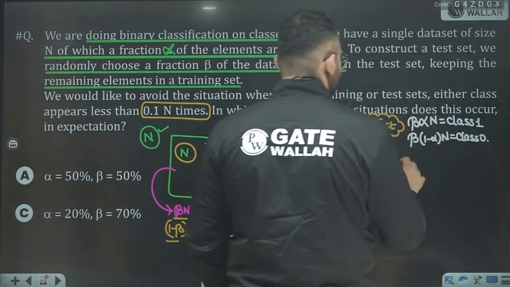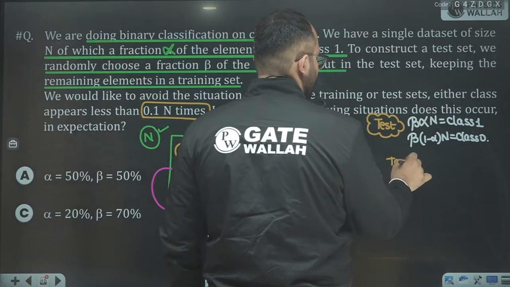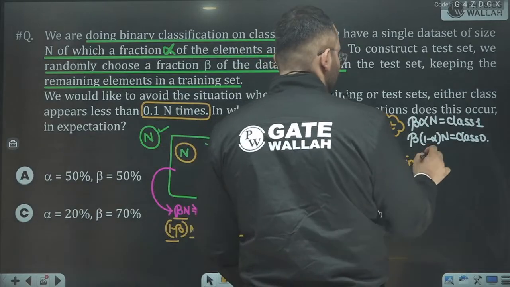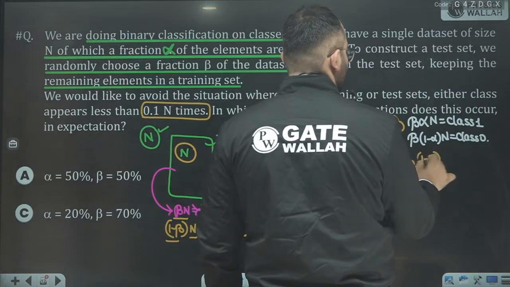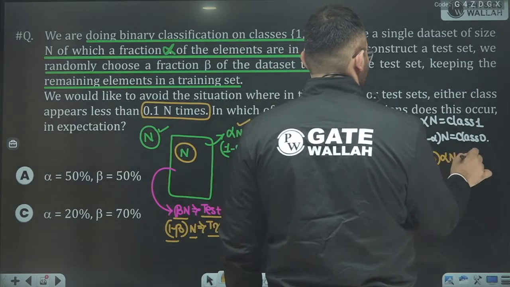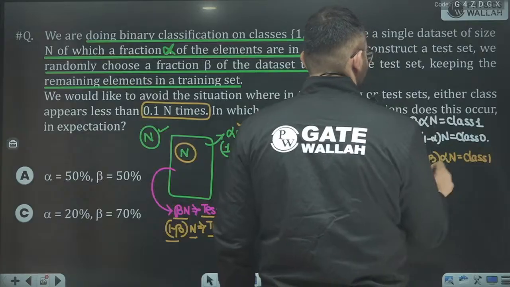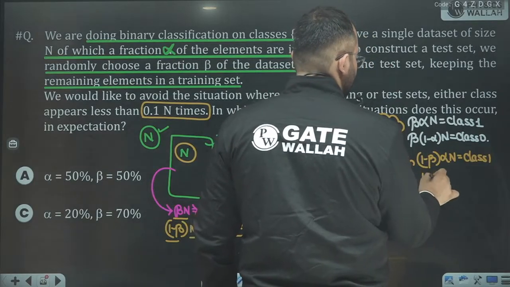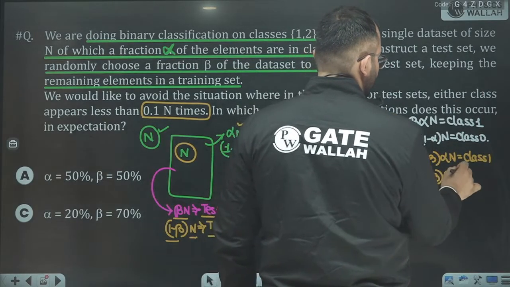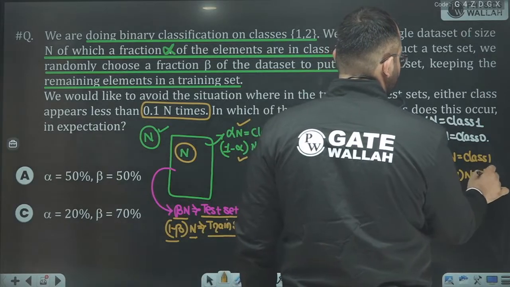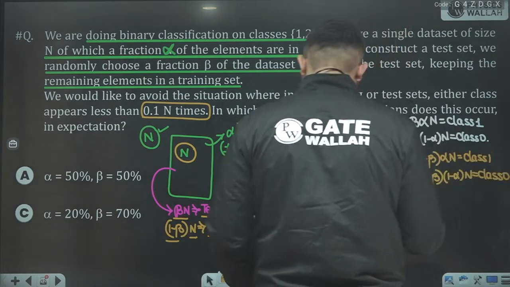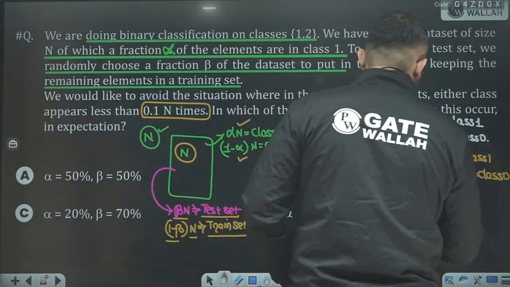Similarly, we go in the training set. So, in the training set, 1 minus beta into alpha n is class 1. And 1 minus beta into 1 minus alpha into n is class 0 points, right? Okay. Now let's move on.